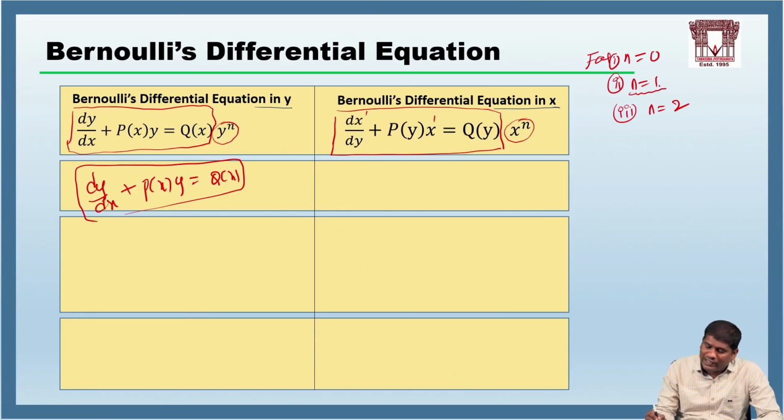Coming to the second case, n is equal to 1, then we can write this differential equation as dy by dx plus p of x into y is equal to q of x into y. This p of x into y we can write on the right hand side.